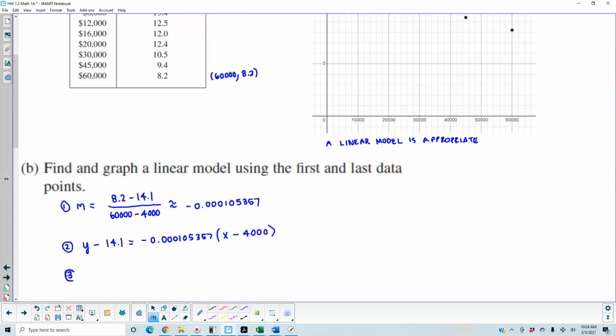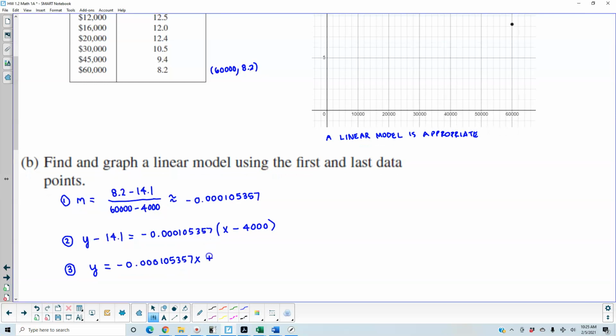Distributing the negative 0.000105357 to those terms, and then adding 14.1 to both sides, we get y equals negative 0.000105357x plus 14.521429.